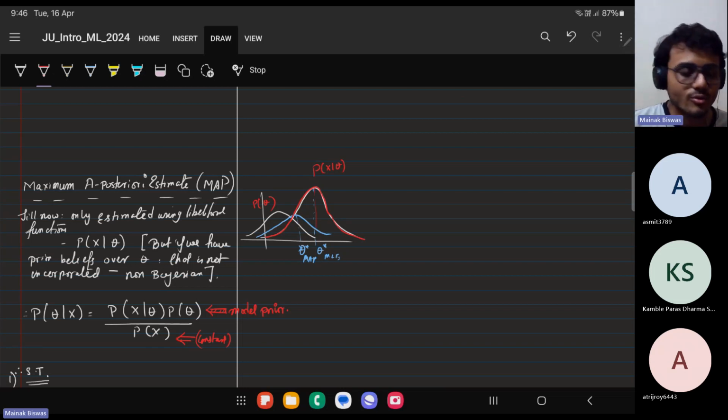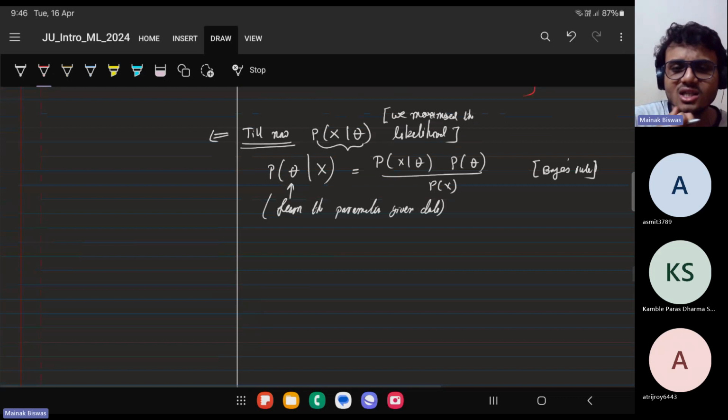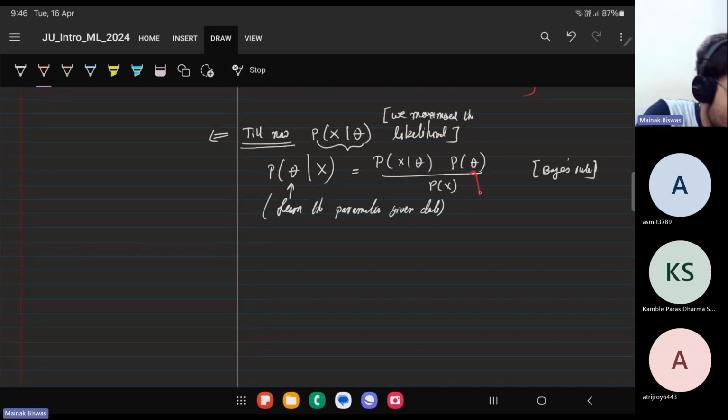But if I tell you that I have knowledge over the priors, for example that in India there will be no snowfall, so I will take very low priors over snowfall, yes or no? And then you incorporate those priors and then infer theta, right? This is the prior that we did last time.